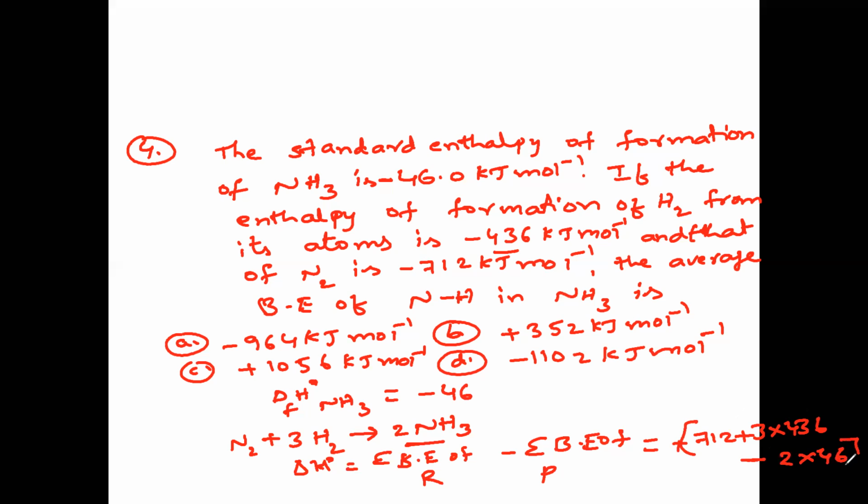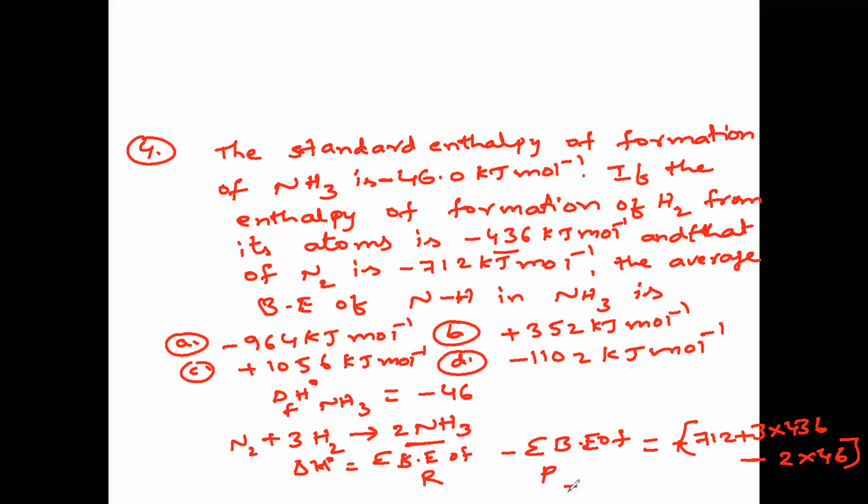So this is the formation of ammonia: 712 plus 3 into 436. Why are we taking plus? Because we are assuming bond dissociation, and the values given are for bond dissociation, so bond dissociation will be positive. Let us see the calculation. 3 into 436 is equal to 1308.